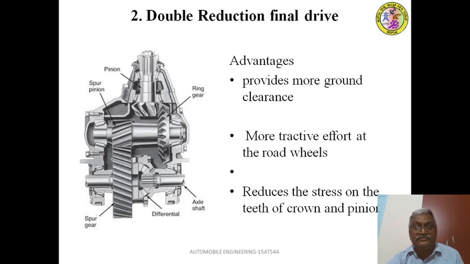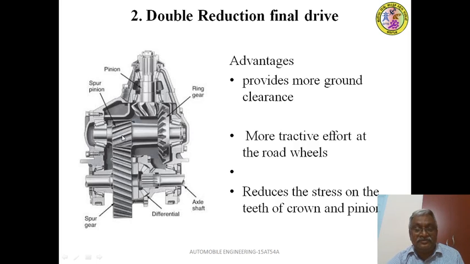Next, before going to calculate gear ratio, you can see here this crown wheel, this is the drive pinion. This drive pinion is the driving gear, ring gear is the driven gear. Again, in this set of gears, helical pinion is the driving gear and this helical gear is the driven gear.